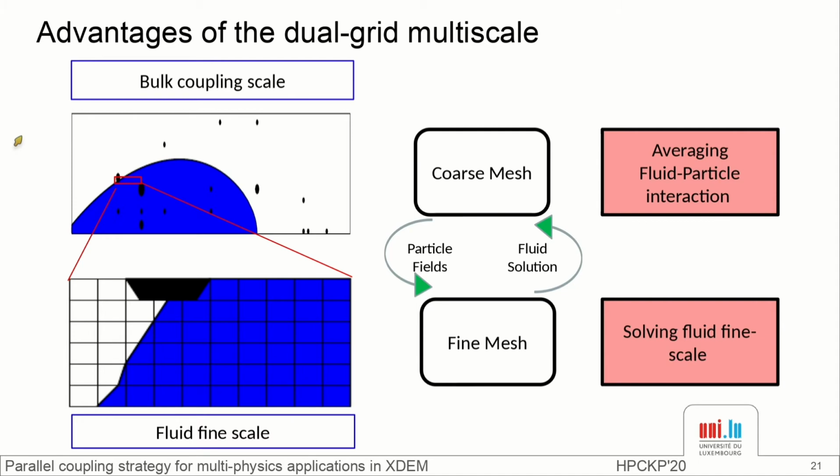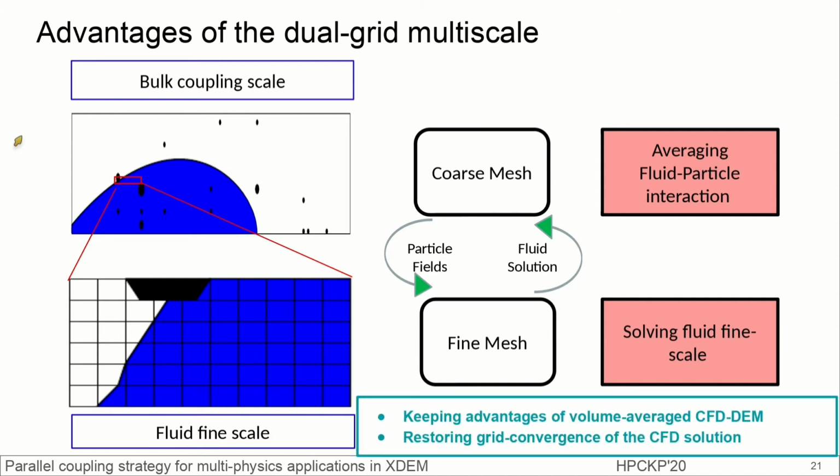And on the other side, for example, the fluid velocity calculated on the fine mesh will be interpolated into the coarse mesh and will give an average value that can be applied to the whole particle. So this has the advantage of keeping good volume average properties on the DEM side, but still, thanks to the fine mesh, it will give great convergence.